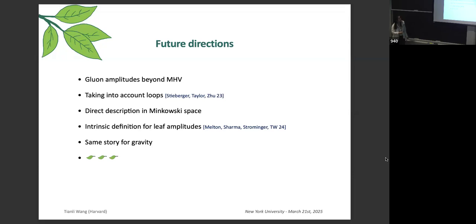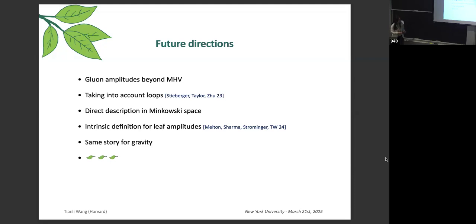Also, can we give an intrinsic definition for leaf amplitudes instead of taking a slasher amplitude apart to obtain partial amplitudes on leaves? This might look like defining a leaf vacuum in which we scatter and obtain leaf amplitudes directly, instead of scattering the usual Minkowski vacuum.